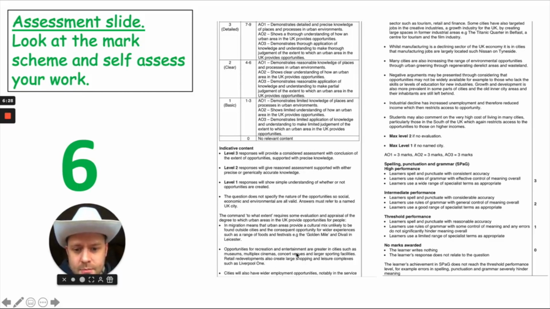Recreation and entertainment. Okay, multiplex cinemas. Star City, it's a place where people can go to have fun. Concert venues, or you could talk about the Hippodrome Theatre, large sporting facilities, Villa Park, retail developments, all right, the Bullring.